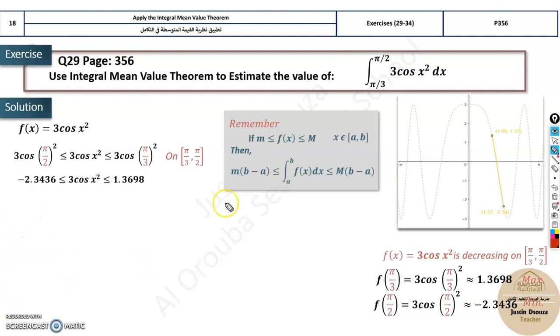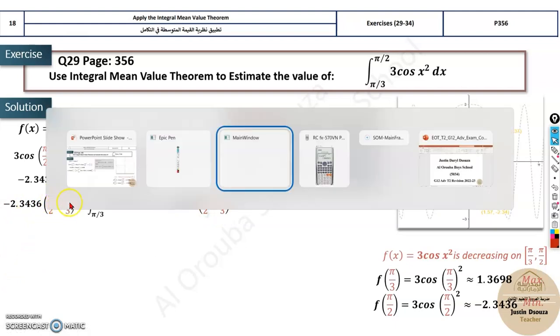Sorry, I said sum, it is the difference of the upper limit and the lower limit. That is pi by 2 minus pi by 3. So this is multiplied by pi by 2 minus pi by 3. You're just putting the integral, nothing else: the integral from pi by 3 to pi by 2. Over here also you're multiplying pi by 2 minus pi by 3. Now solve these in the calculator.